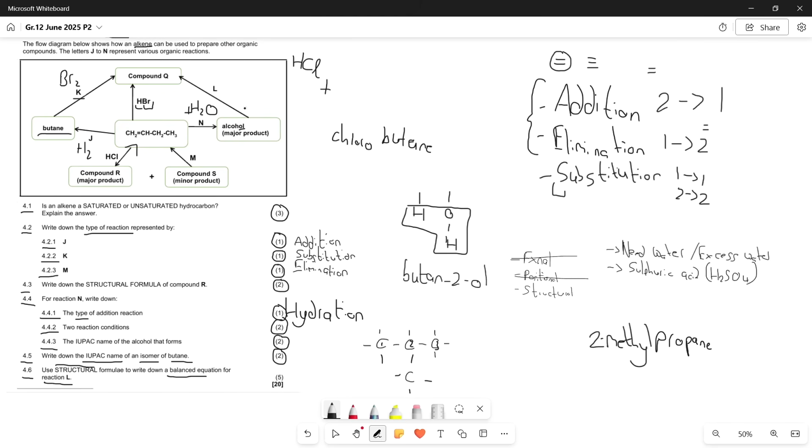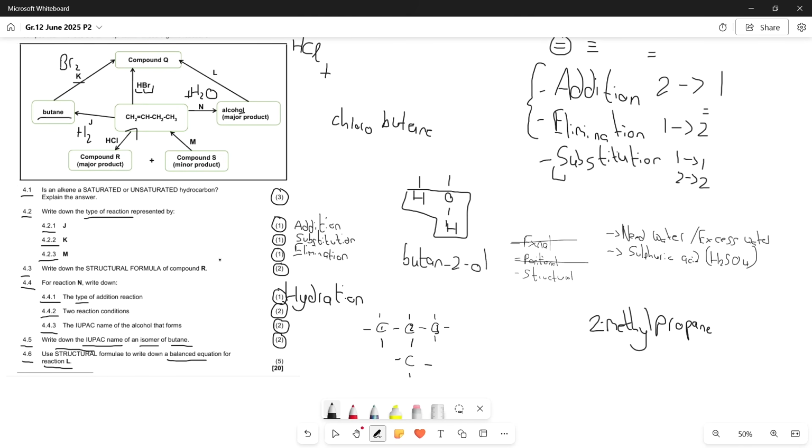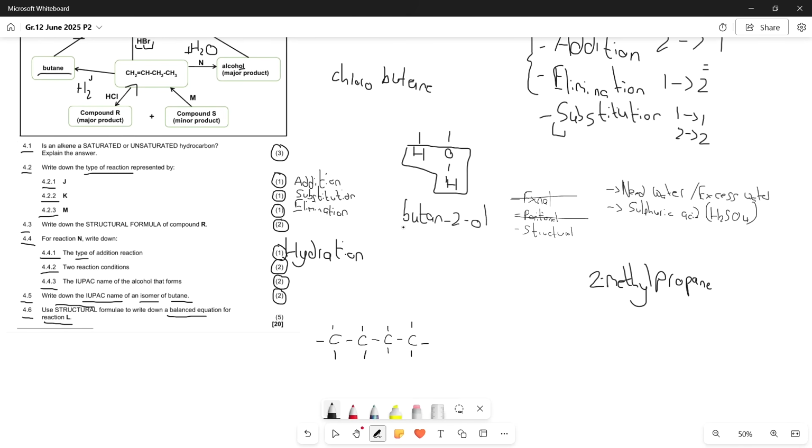So let's write down the alcohol first, because we had drawn that previously, which I'll rearrange for us here, and then compound Q, and then we can see what we need in order to form it. A reminder for our alcohol: we had butan-2-ol, which means our O and our H was over here, and H is throughout.